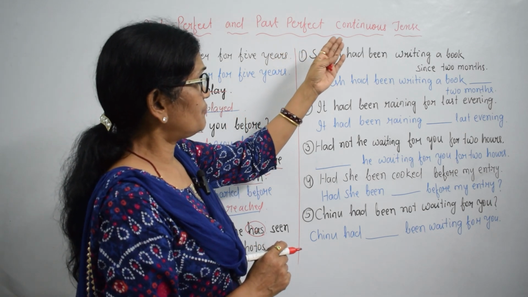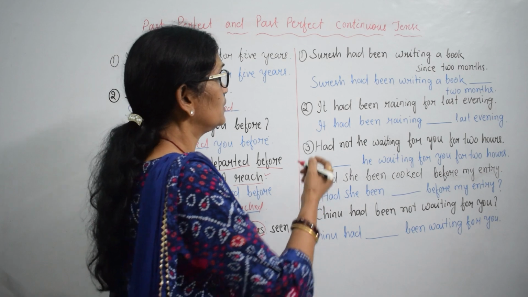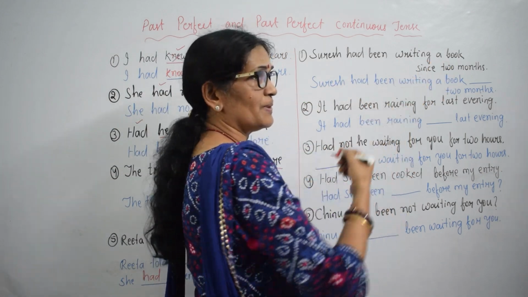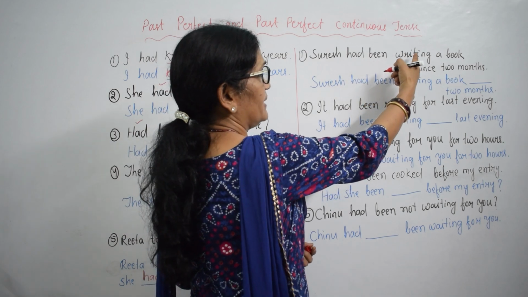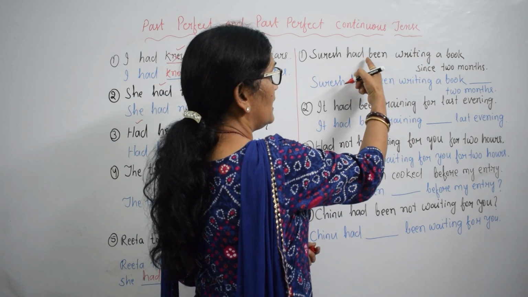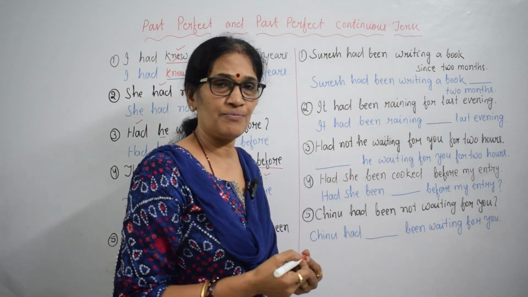Then past perfect continuous tense. Suresh had been writing a book since 2 months. Had been writing, this is the construction. Structure: subject plus had been plus the ing form of a verb.